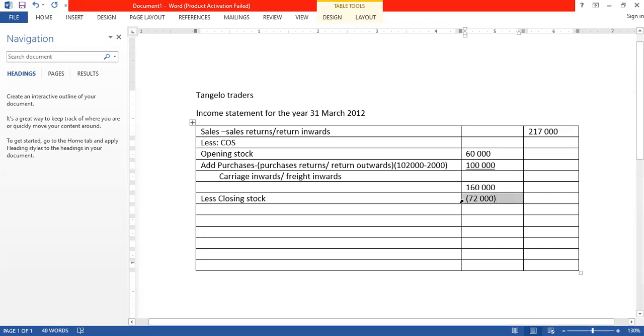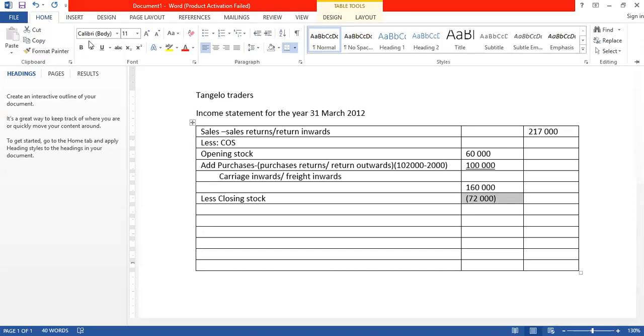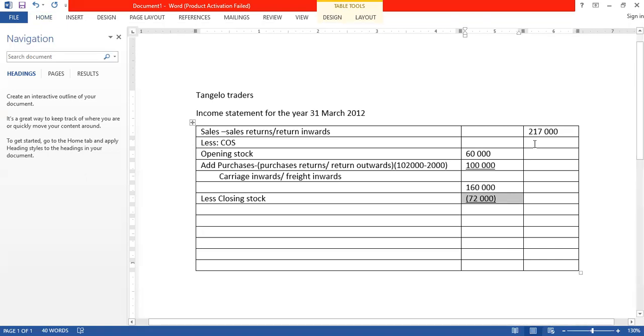Okay, and then from there you do your calculations to find your cost of sales. So how much is our cost of sales amount? Because it's a final amount, all these were just calculations. The final amount, we have to record it on the last column. And we said that if the amount is being subtracted, it should always be shown in brackets. So you should always put the amounts that are being subtracted in brackets to show that you are subtracting.